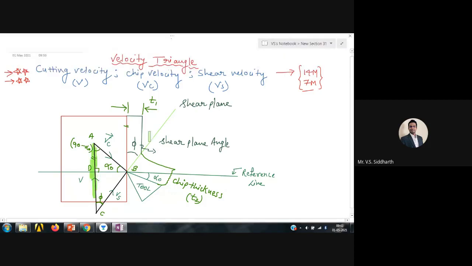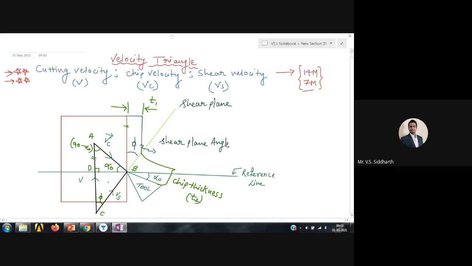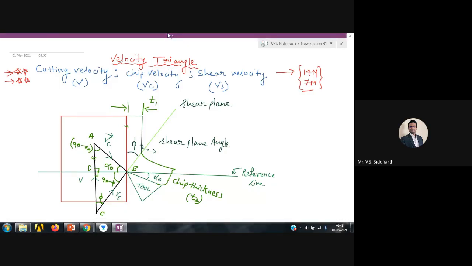These two lines are parallel to one another, and consider this as the transversal, so this angle and this angle should be the same. That's why this angle also qualifies to be phi. Now, this is 90 degrees, so this will be 90 minus phi. I hope that up to this point, everything is clear to everyone.